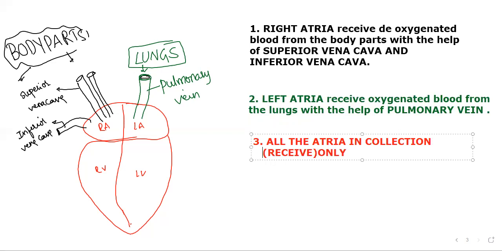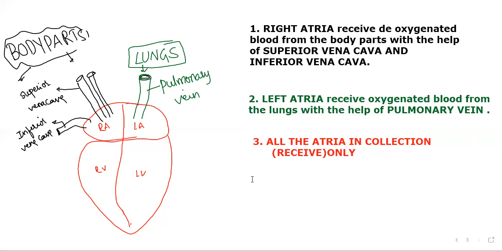On the left side you are observing they are receiving only, they are collecting only. All the atria are in collection only. Right atria collects, left atria collects. Right atria collects from body parts, and left atria is collecting from lungs with the help of pulmonary vein.